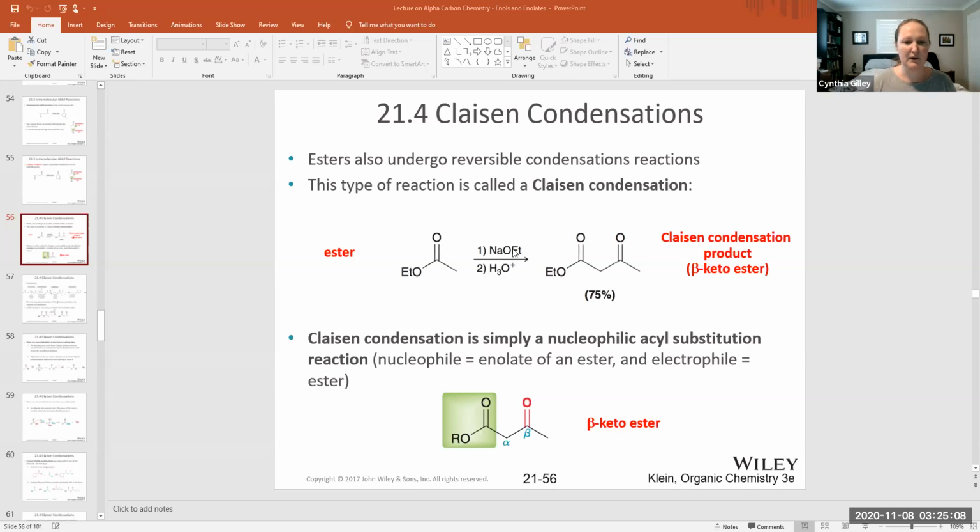The reagents involve first treatment with a base, and the base will be an alkoxide base that matches the ester. So when you're using an ethyl ester, you'll use sodium ethoxide. If you were using a methyl ester, you would use sodium methoxide, and so on. And we also need an acidic workup to isolate a neutral product.